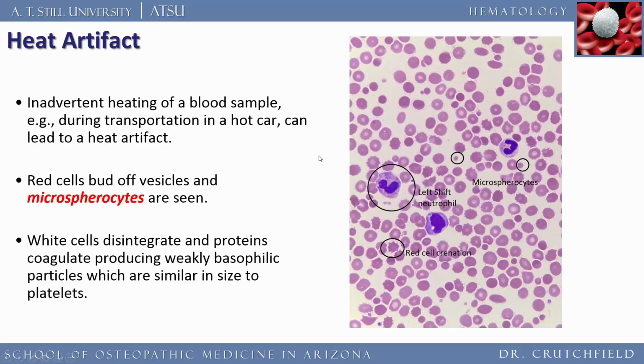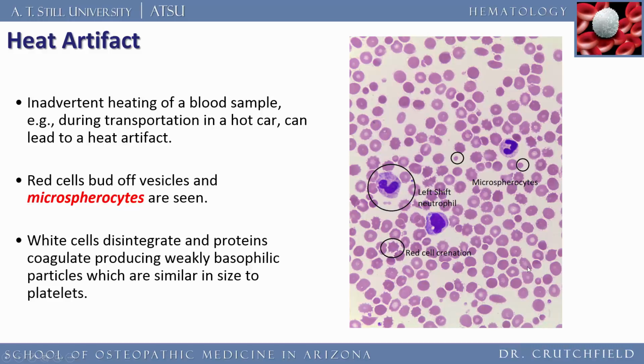Here's some more artifact. Heating of a blood sample. For example, we're running across town. We got a blood sample. It's in a hot car. And then we can see these microspherocytes. These guys right here. Now, this peripheral smear is interesting. This got lots of stuff in it. So we have a crenated red cell, which is also called a Burr cell.